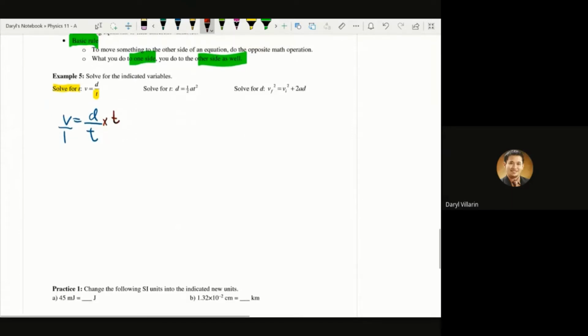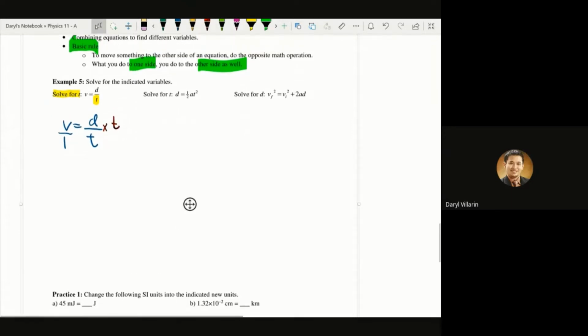But as you can see in our basic rule, whatever you do on one side, you do on the other side. So I'm multiplying on the right-hand side of my equation, so I will also multiply on the other side. So t is canceled here, and the value of that becomes 1. And the left-hand side of my equation becomes t times v, which gives me tv.